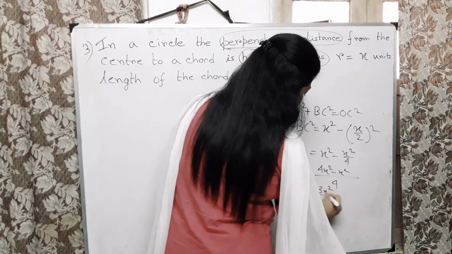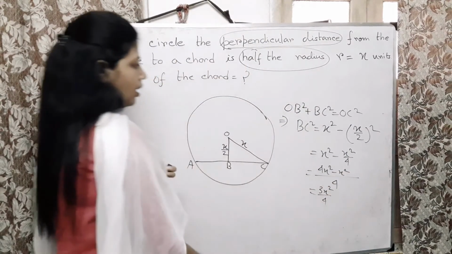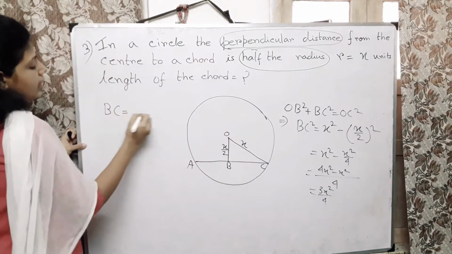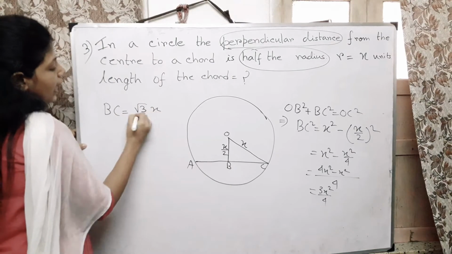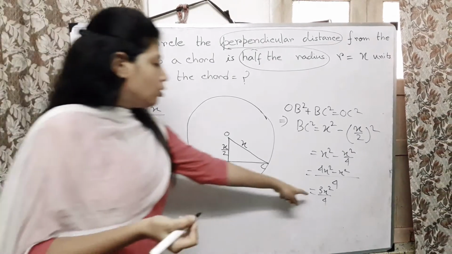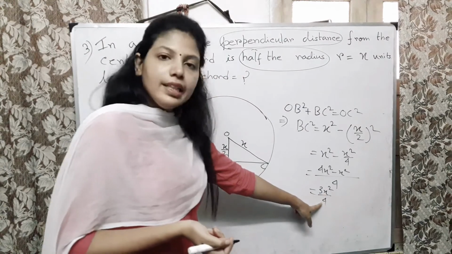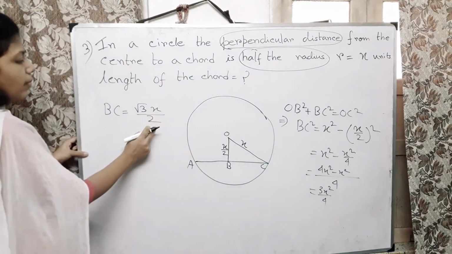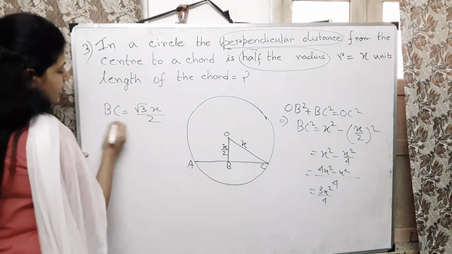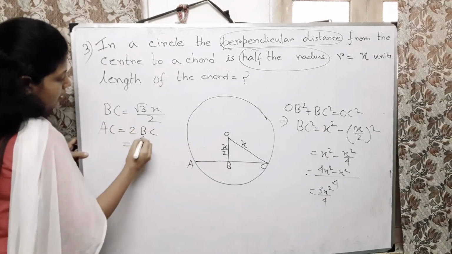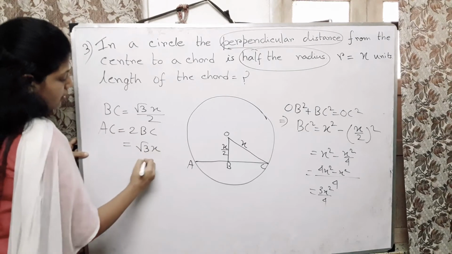It will be 3x square by 4. So BC equals root 3 x by 2, because root of x square is x and root of 4 is 2. But we have to find AC, so we need 2BC. That means root 3 x.